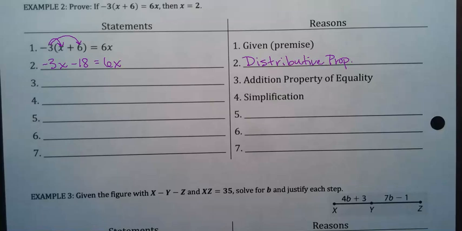Okay, so if you're going to do that addition property, maybe you should add 3x to both sides, right? You don't have to show that in your proof per se, but that means we're going to be left with, after we do this, negative 18 equals 6x plus 3x equals 9x.